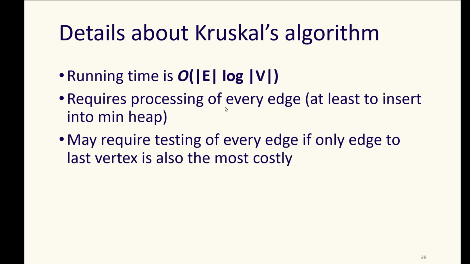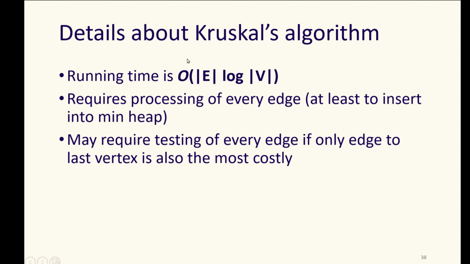In the worst case, we may have to test every single edge. If the only edge that connects our last vertex that really needs connected into our tree is also the most costly edge. So if we had one edge that was cost 100, but it connected some vertex X that nobody else connected to, we would have to go through every edge with a lower cost than 100 before we hit that last one.